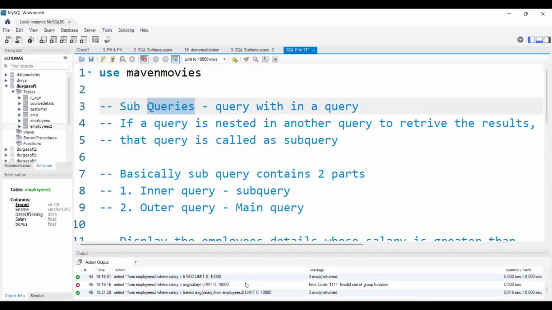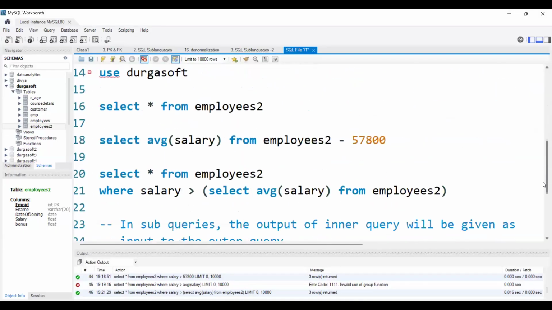Using all the clauses and operators, group by clause, having clause, and joins, whatever concepts we learned up to now, 100% of the questions can be solved by using those concepts. All the questions we are going to see in the complete subquery concept can be solved without using subqueries also.